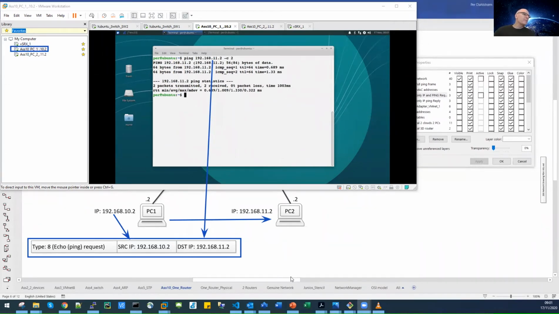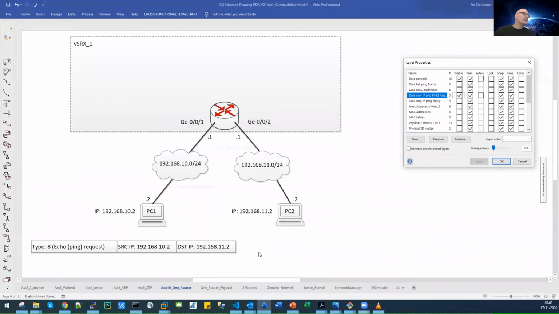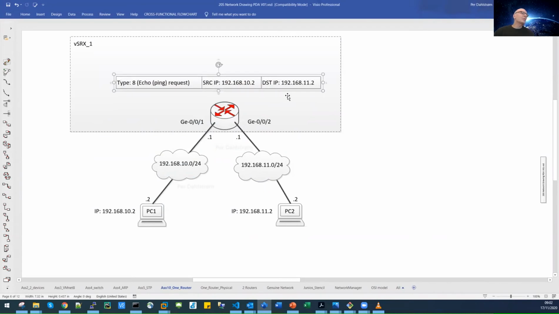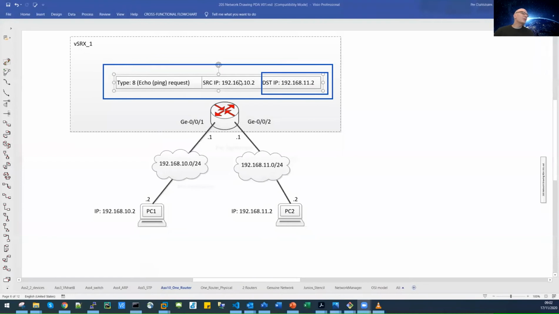So what happens when the PC is issuing the IP packet here is that PC1 will send this packet over to the router in on the GE001 interface, and the router will look at the destination IP in the entire IP packet, and the router will see that, okay, that has to go out on my GE002 interface right here onto the 192.168.11 subnet to the .2 PC2.